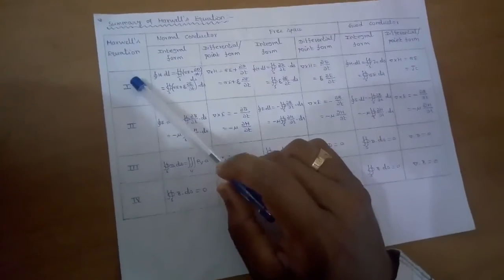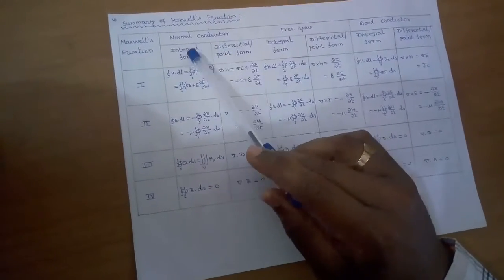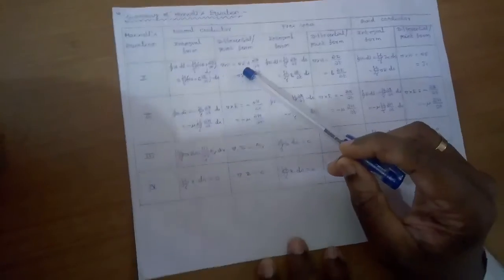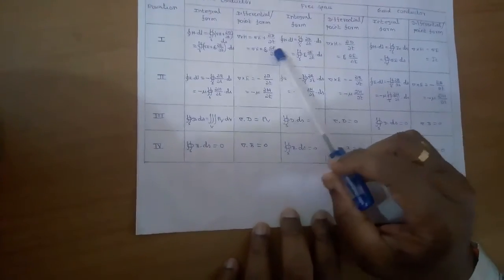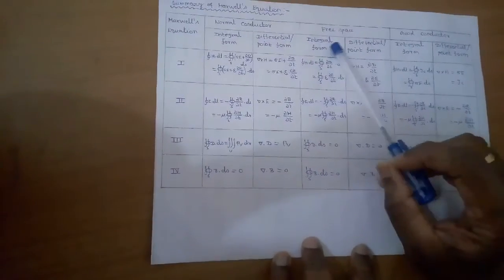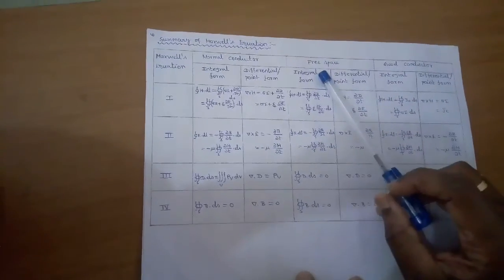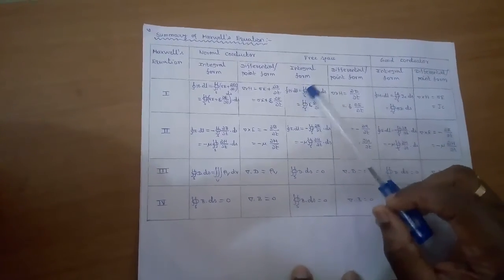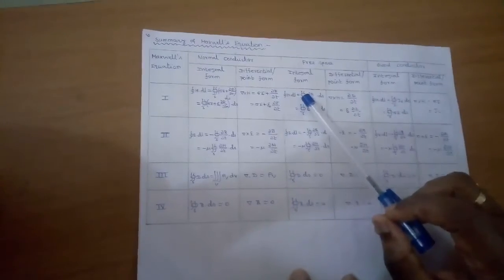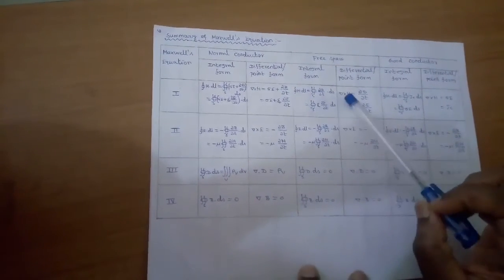So now we have derived Maxwell's equations 1, 2, 3, 4 for the first criteria, normal conductor, and those equations are listed here both in integral form and in differential form. And in the last slide we have seen what modifications we have to do for getting the Maxwell's equations for free space and for good conductor. As I said already, for free space we have to take conductivity sigma as 0 and volume charge density ρv as 0 for getting the integral form and differential form equations.